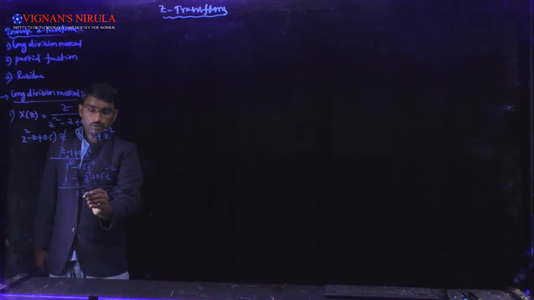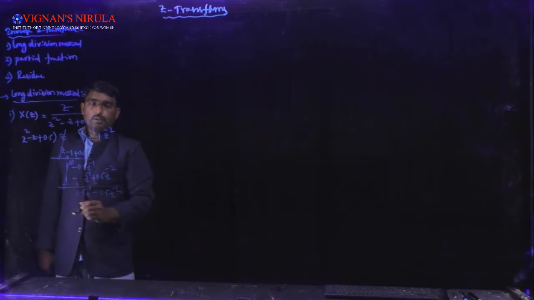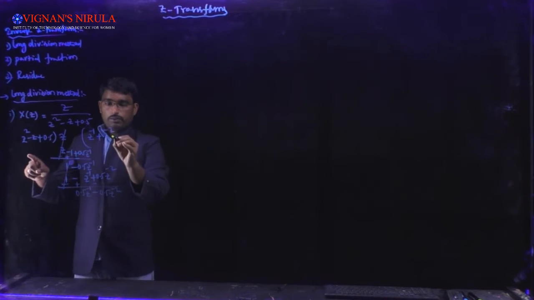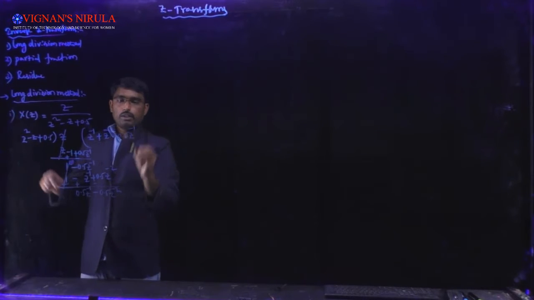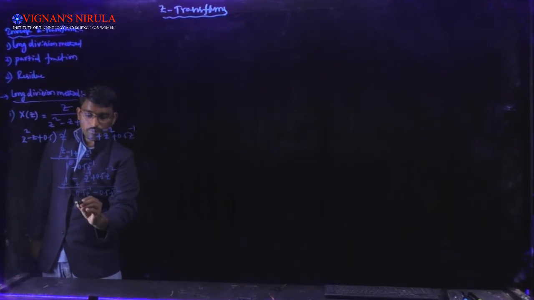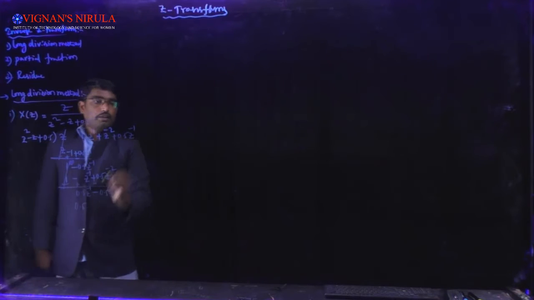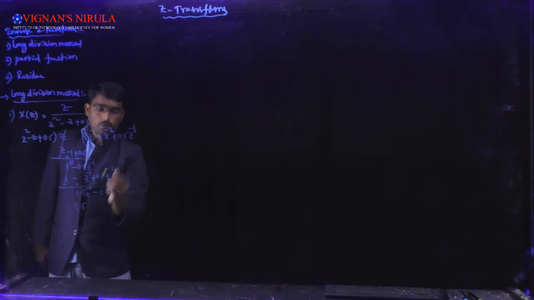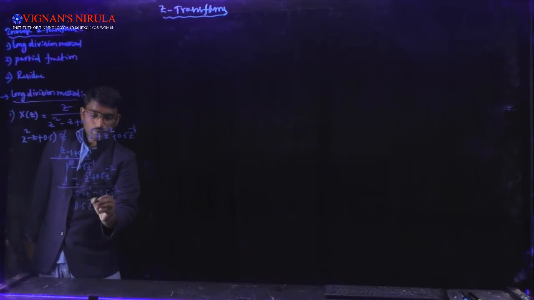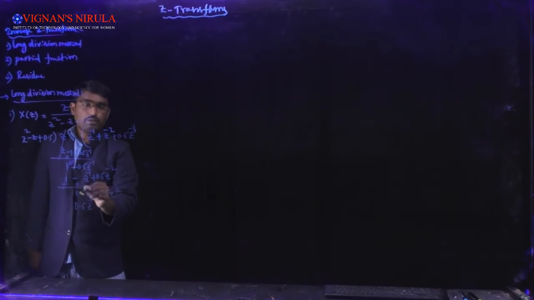Now we need to cancel out this first term, 0.5 into z inverse. By multiplying z square with 0.5 into z power minus 3, we will be getting 0.5 into z inverse. So this is the thing we need to get.